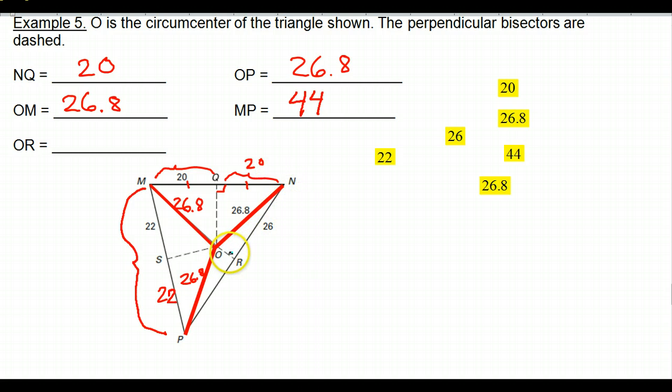One more. OR. Well, my friends, for OR, we're going to have to actually do some work. We need to do the Pythagorean Theorem. So look at this triangle ORN. Look at this little triangle over here. Let me highlight it better.